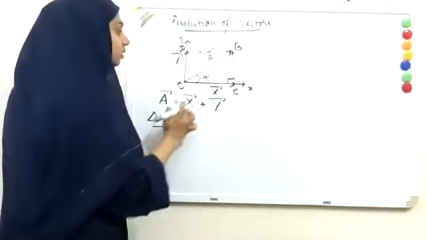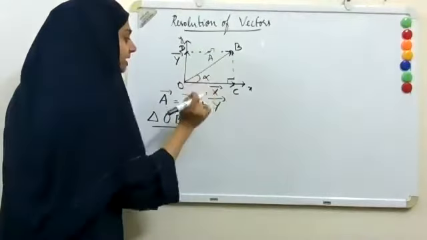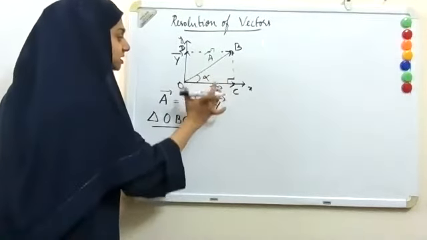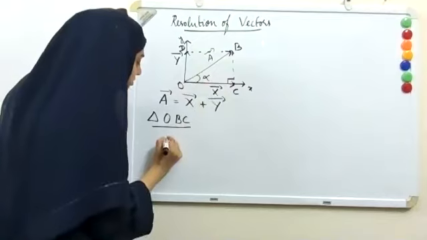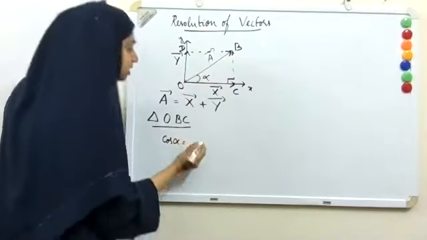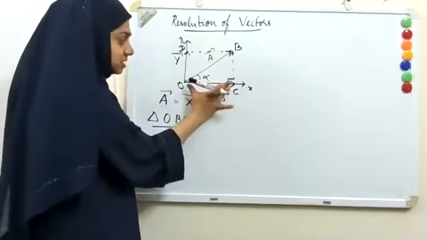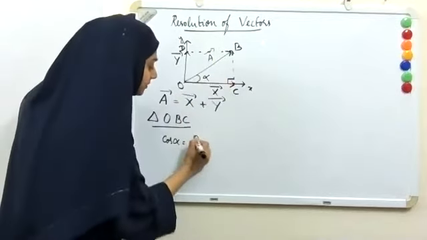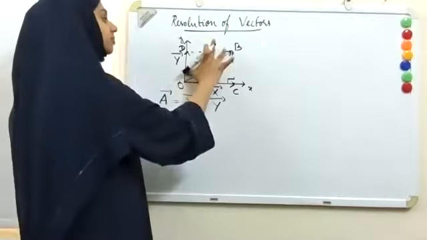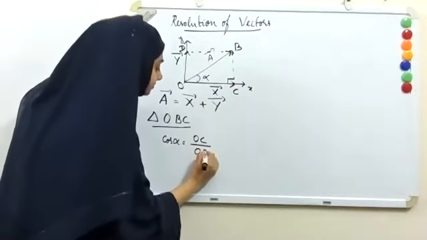So from triangle OBC, I can say that OC is x, right? I can say that cos alpha is equal to adjacent side by hypotenuse. The adjacent side here is OC divided by hypotenuse OB, right?